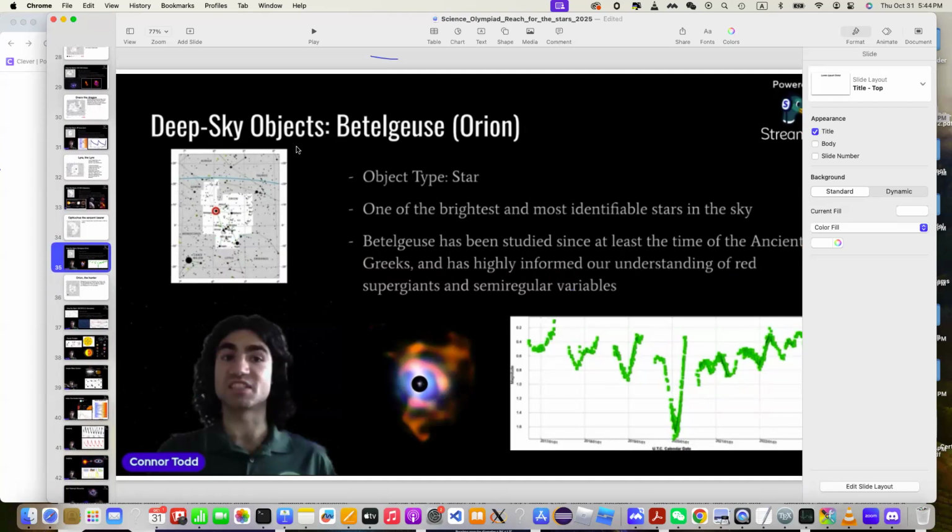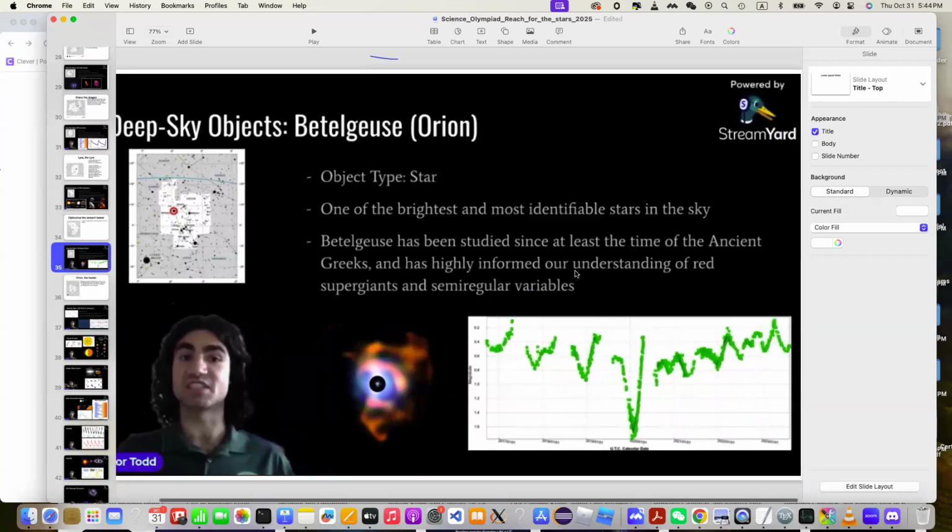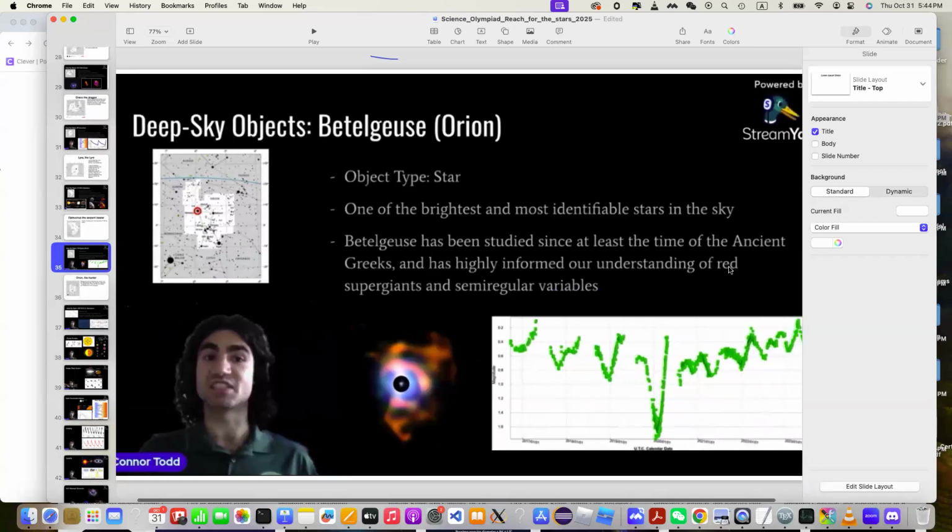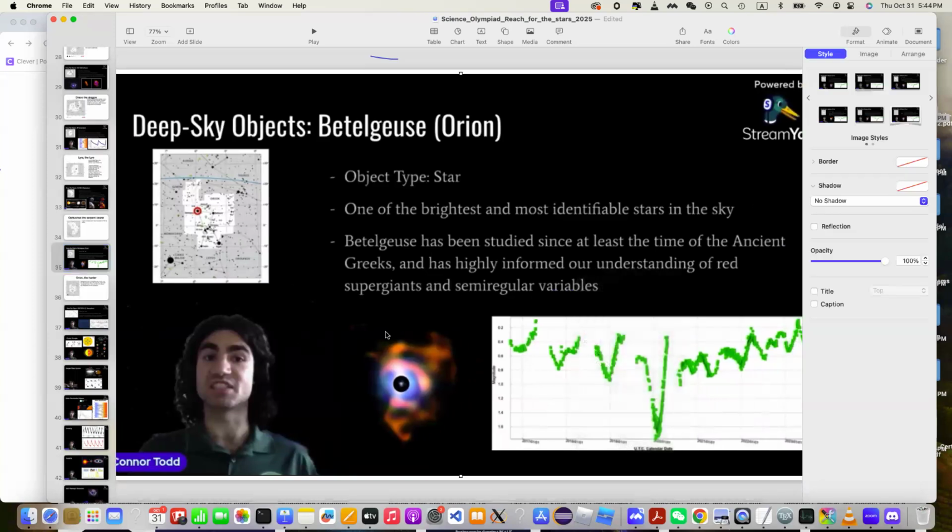The second to last object is Betelgeuse. It is one of the brightest and most identifiable stars in the sky. It is variable, and it has some filament around it. It is a red supergiant, and I think that's probably why there are signs of envelopes around it.